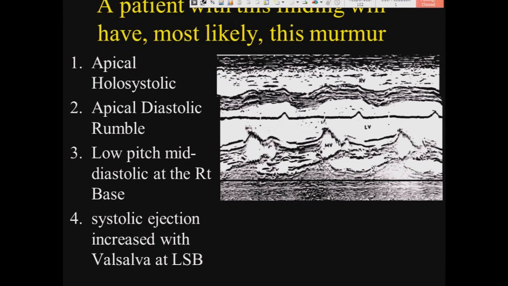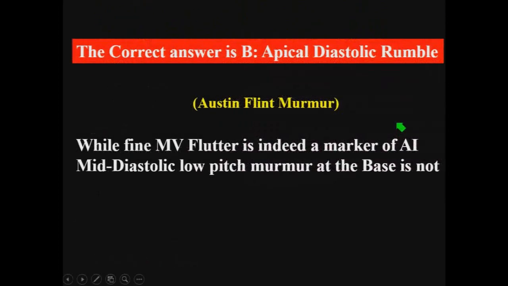And the patient doesn't have low pitch mid-diastolic murmur at the right base, because I don't know what condition gives you low pitch mid-diastolic murmur at the right base. So the patient will have apical diastolic rumble.